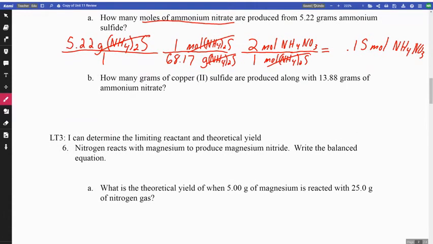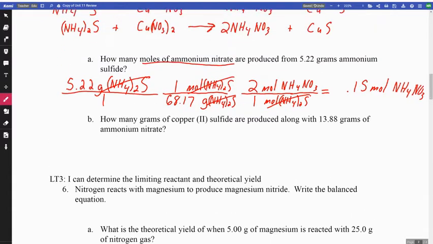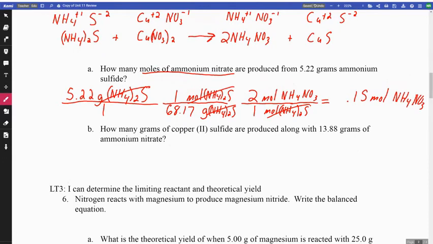All right, next, how many grams of copper 2 sulfide are produced along with 13.88 grams of ammonium nitrate? So we start with our given. Now we can see the equation. 13.88 grams of NH4NO3. Put that over 1. We do our conversion factor. We are looking for grams of copper 2 sulfide.